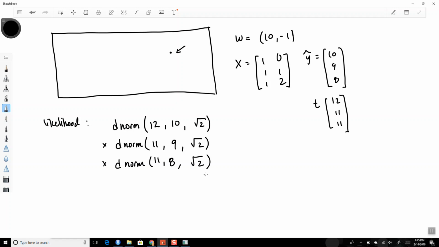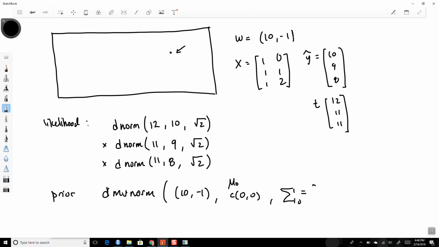I mean, the likelihood of these 3 data points. And then the prior is just going to be, all right, what is the probability? It's dmvnorm. What's the probability of getting the coordinate 10, negative 1 if the mean is 0, 0, so this is mu 0 and sigma 0 is equal to 100, 0, 0, 5?